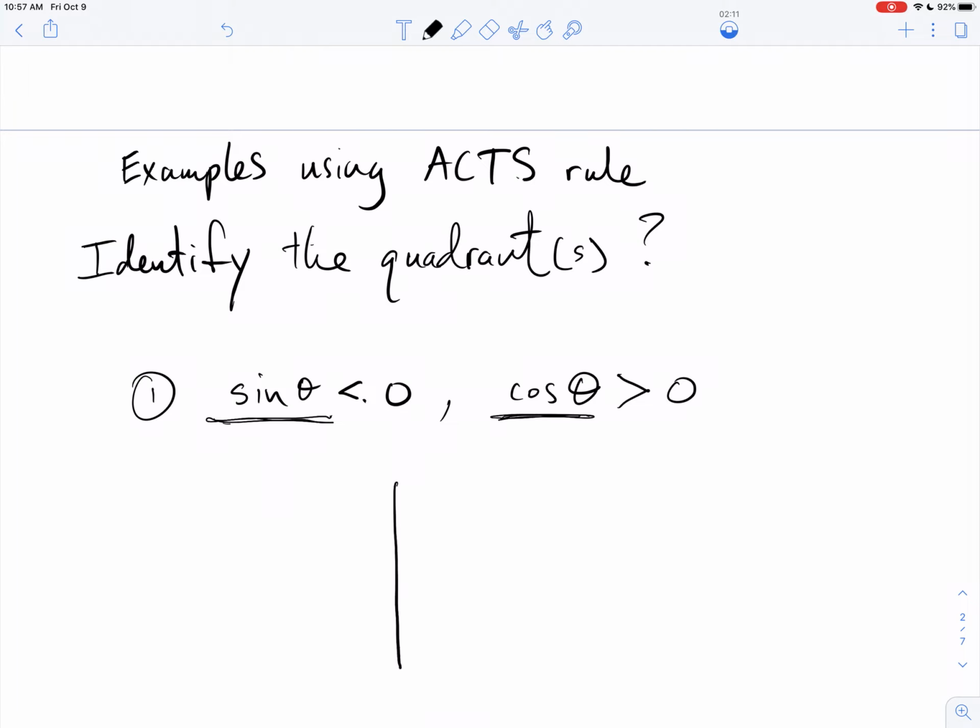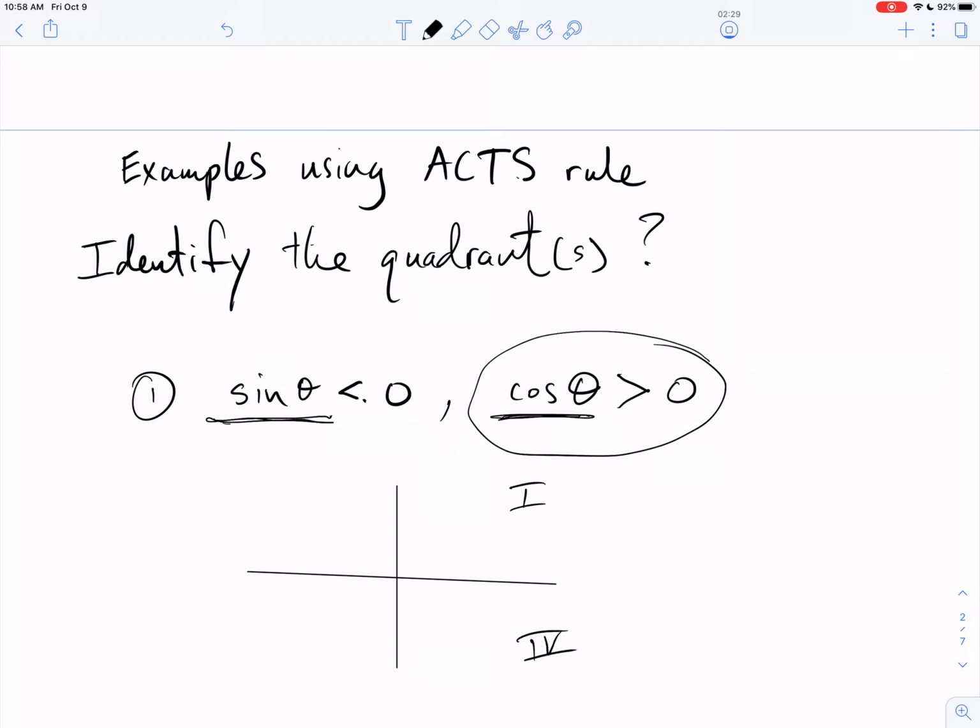Well, it means we're going to apply the AX rule to this, and I'm just going to quickly sketch out a rough coordinate system, and I say, okay, from what they told me, the cosine is positive. So where's cosine positive? It's positive in quadrant 1, and it's positive in quadrant 4. Why? Because of the AX rule.